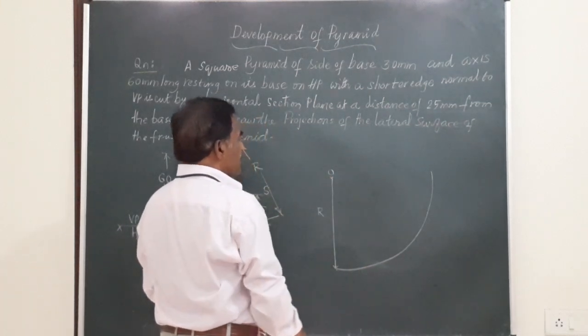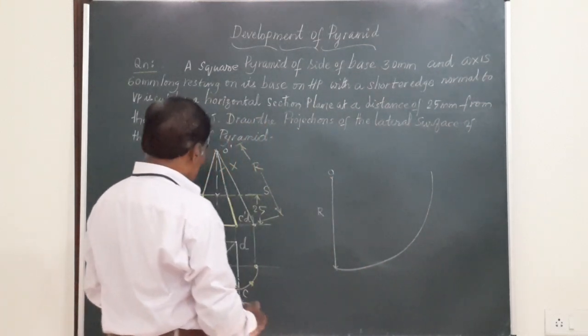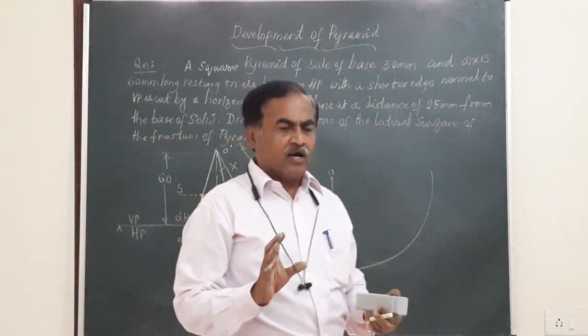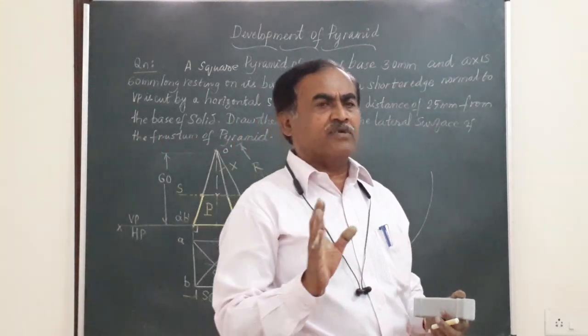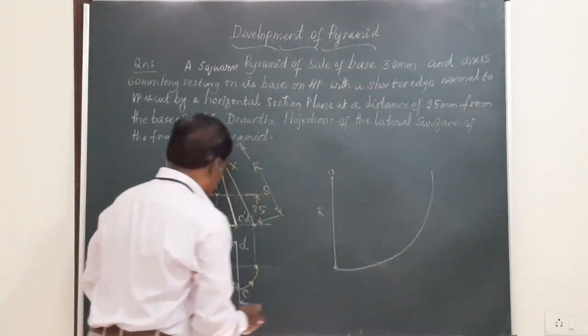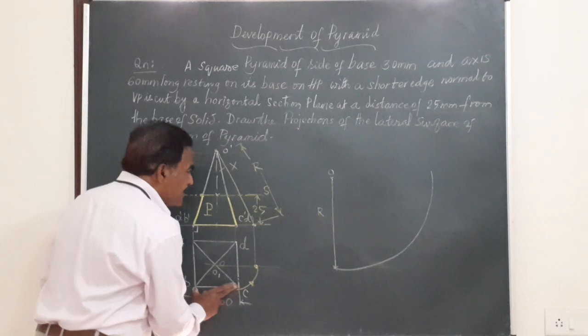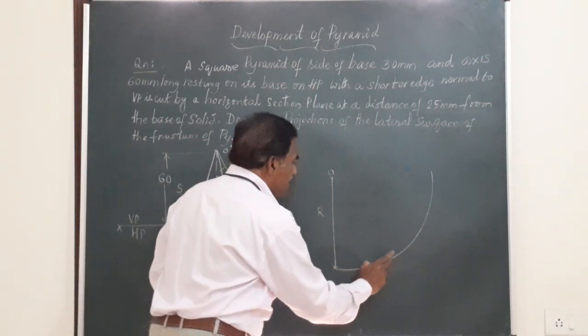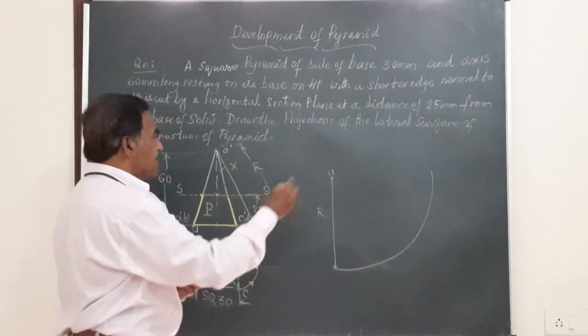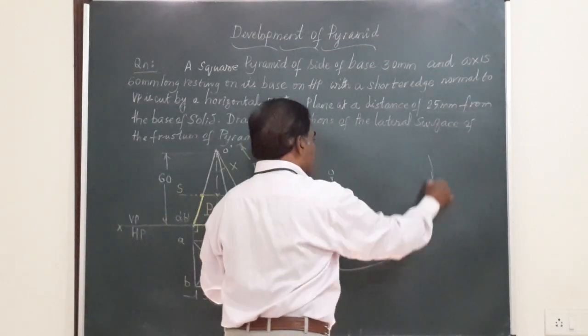An arc. And then, you know the base of the solid is a square, and every shorter edge measures 30 mm. So taking this point as the center and this distance as the radius, keep marking 1, 2, 3, 4 such distances on this arc. Suppose it goes up to here.